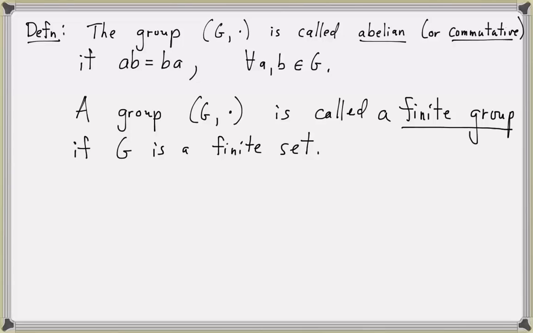Now let's give some quick examples of common groups. The set of integers under addition is a group. To verify this, we need to show that the integers are closed under addition.